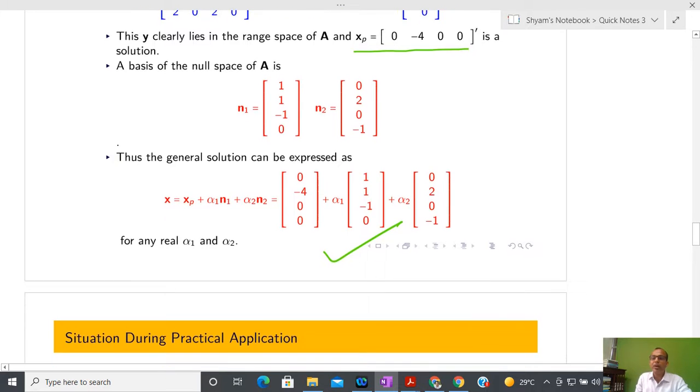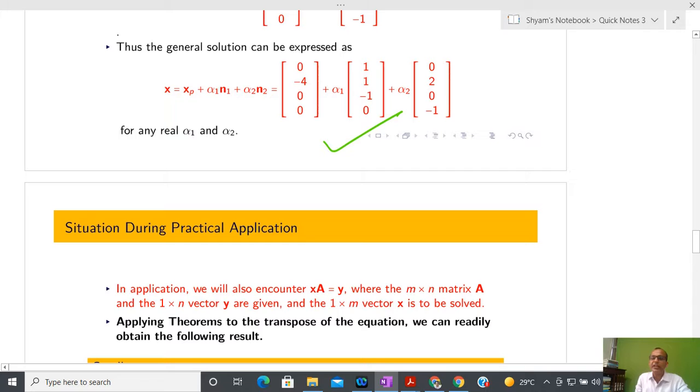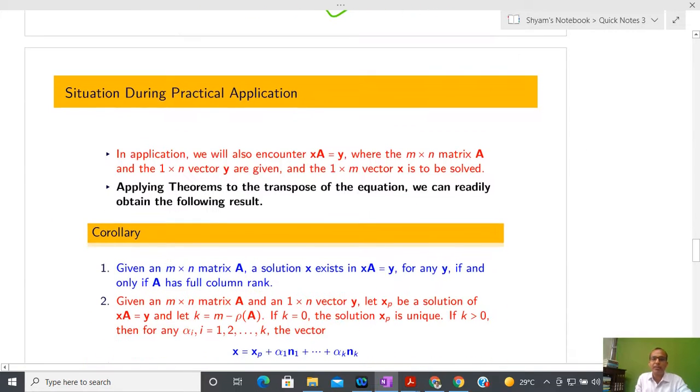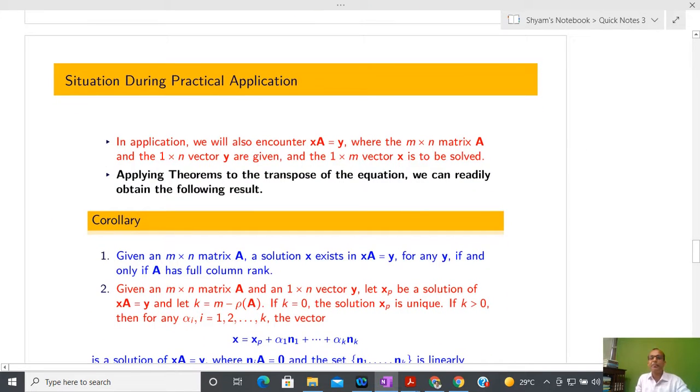Okay, so now you can use the same technique to generalize for any solution. Most of the time when we solve a problem, it might be that in place of A x equals y, I have an equation like x A equals y. At that time the interpretation is a little different, but obviously I can apply everything.